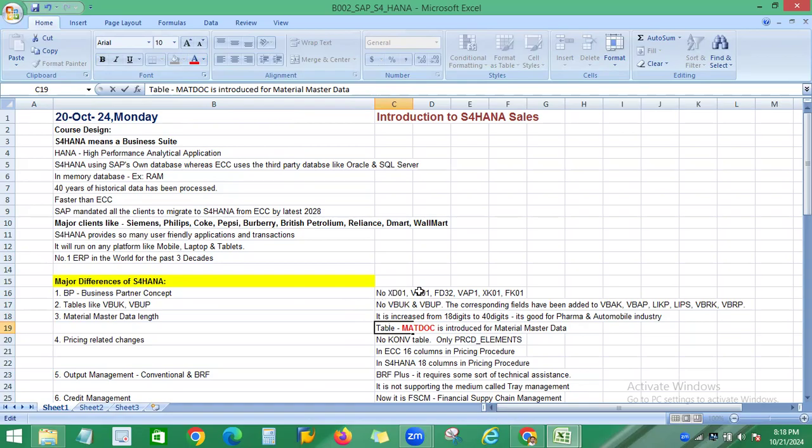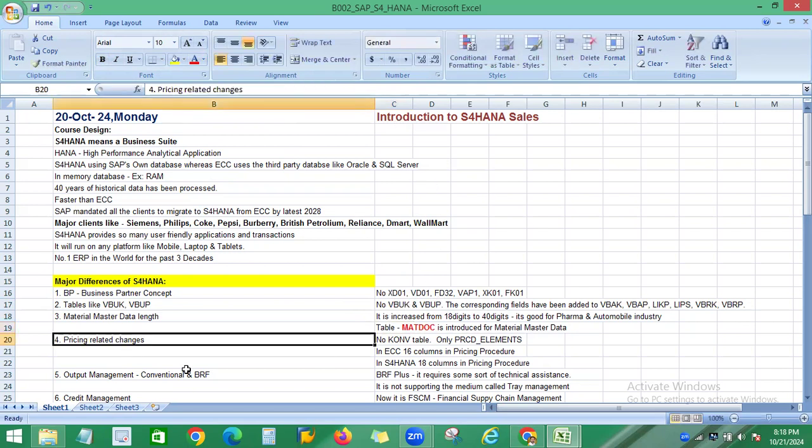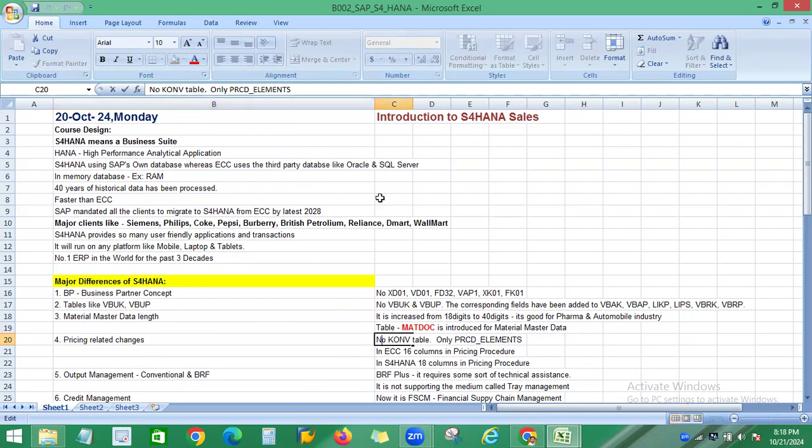Don't worry guys, all these things we are going to explore in the system also. As this is the introduction lecture, I am going to explain at a theoretical level. Then, what are the pricing related changes? In SAP ECC we use the KONV table for the price.